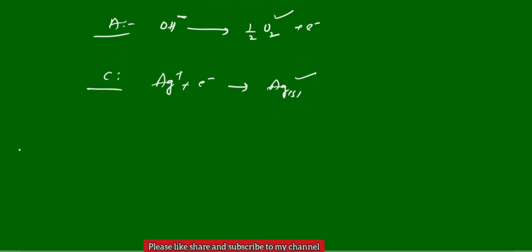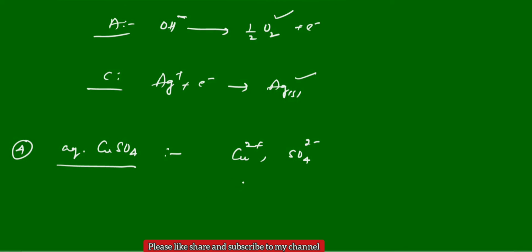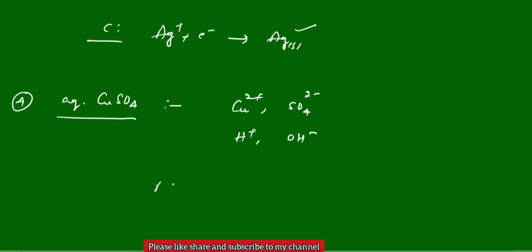Let's take one more example here. Aqueous copper sulfate. In aqueous copper sulfate, we have the ions copper 2 plus, SO4 2 minus, H plus and OH minus. Now at the anode, what happens? Again sulfate and OH minus.